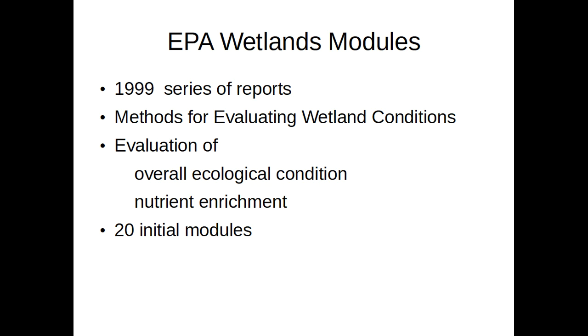The purpose of these reports is to help states and tribes develop methods to evaluate the overall ecological condition of wetlands using biological assessments and nutrient enrichment of wetlands, which is one of the primary stressors damaging wetlands in many parts of the country. This information is intended to serve as a starting point for states and tribes to eventually establish biological and nutrient water quality criteria specifically refined for wetland water bodies.